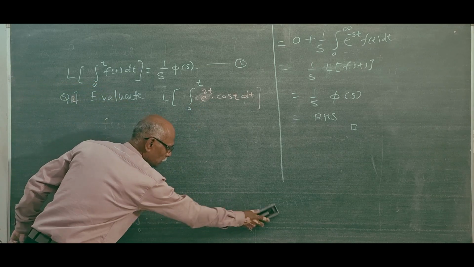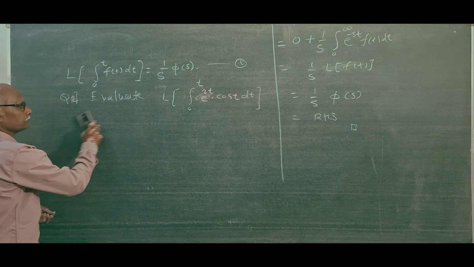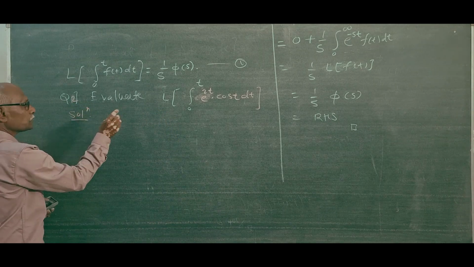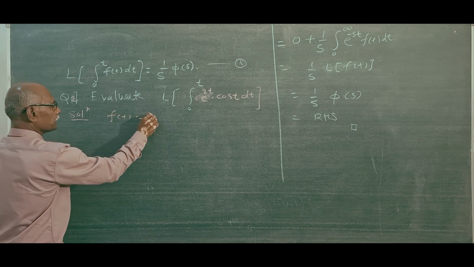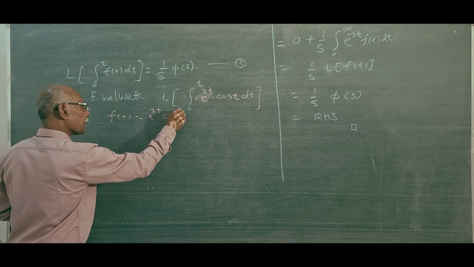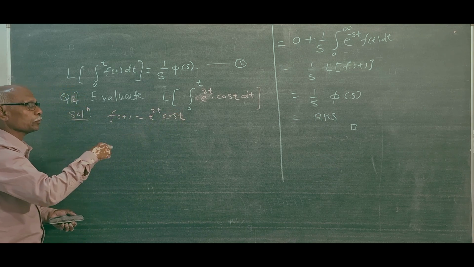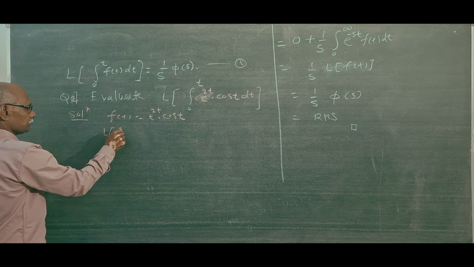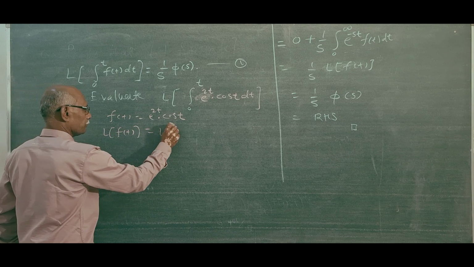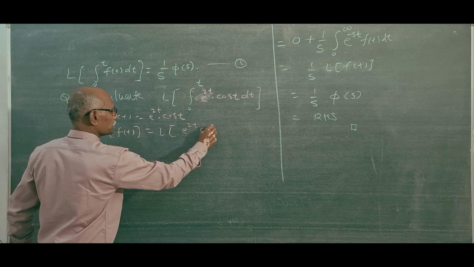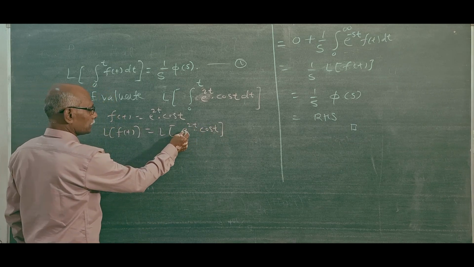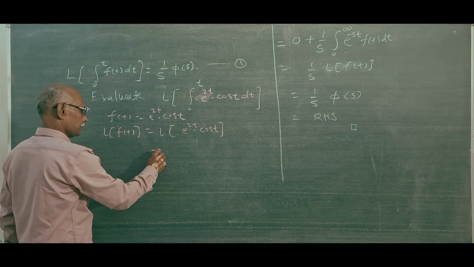Now, for the sake of practice, the solution: we observe that f of t is equal to e raised to 2t cos t, whose Laplace transform cannot be calculated directly. Okay, so for Laplace of e raised to 2t into cos t, we use the property of e, that is called the shifting property.